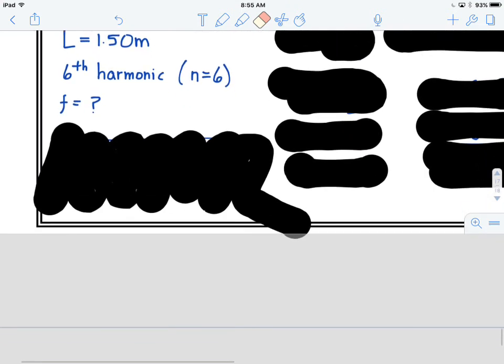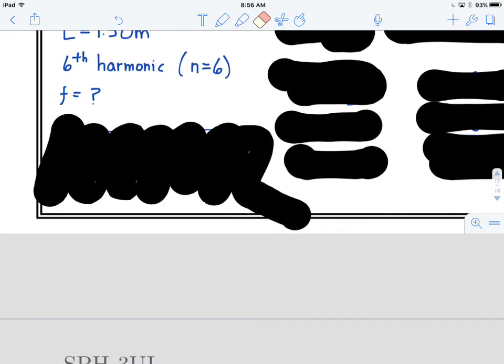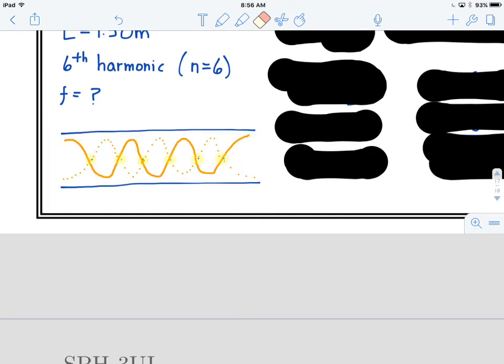One of the things that I find very helpful to do first is to sketch the tube vibrating in the harmonic. So we can consult the chart, but we know that for n equals 6, we're going to have 6 nodes. 1, 2, 3, 4, 5, 6, you'll see them. We also know that at the ends of the column we must have an antinode. And so I've sketched this tube in its standing wave pattern.